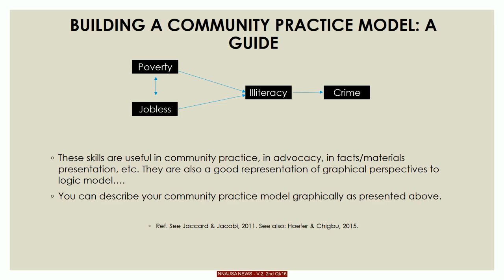But I'm not going to make it more complex for you because this is not a research class, but I want to show you how you can use those three models based on what you're looking at.